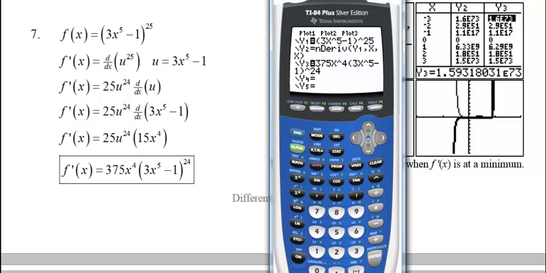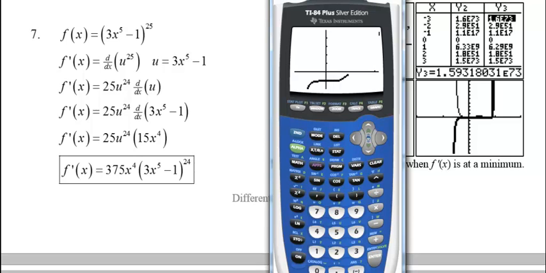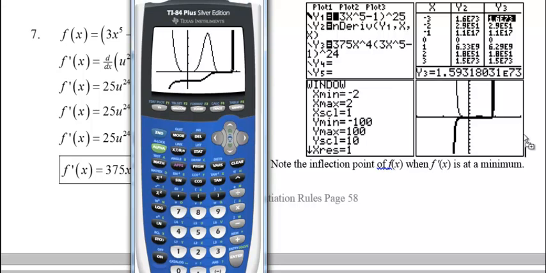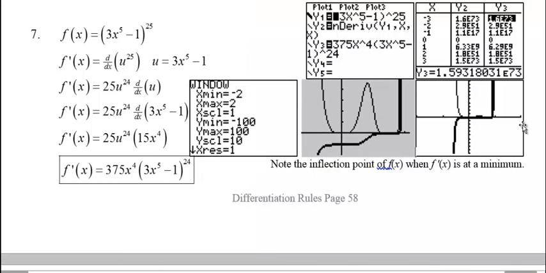get this closer up version here, and I'll make this darker so we can tell them apart. So in fact, f prime is at a minimum twice, and the derivative f prime is 0 twice, which is where it's at a minimum, and those are the same places where the original function has an asymptote.